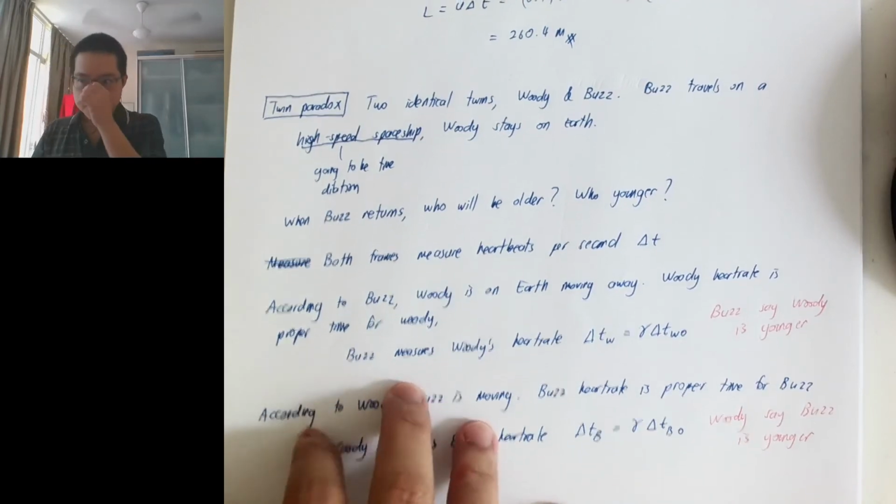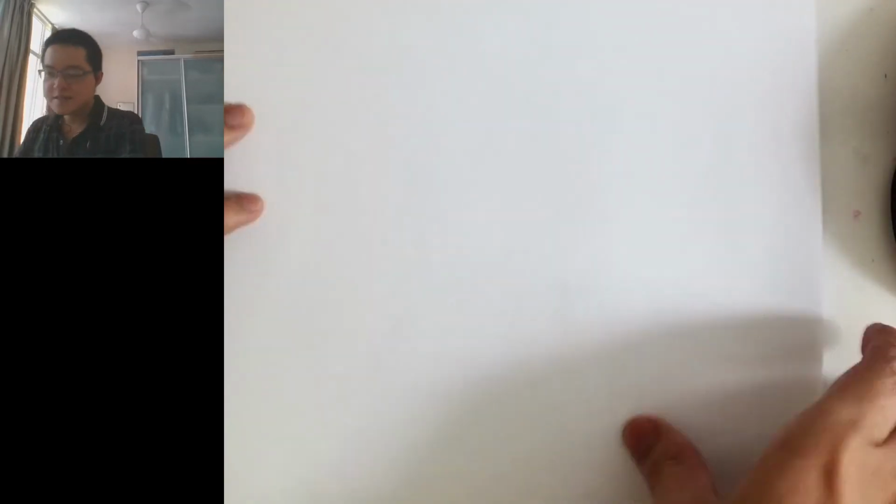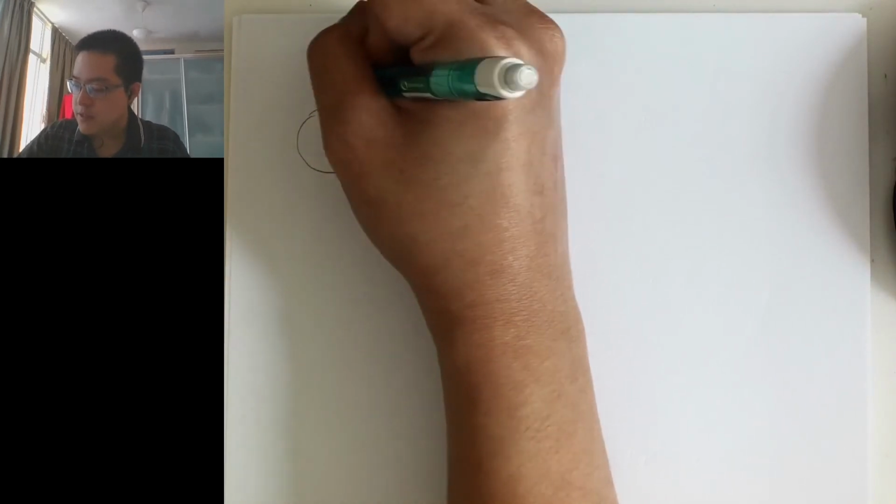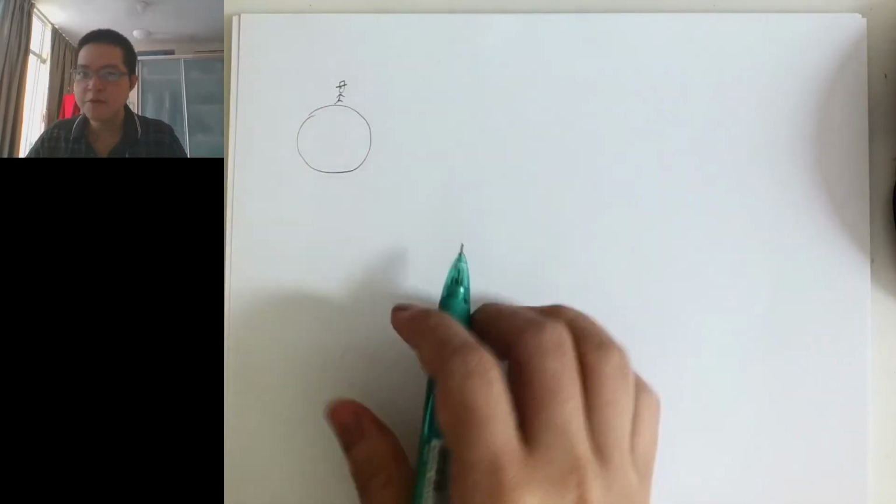Okay, so now I shall start drawing the picture. What is happening here is that Woody is on Earth. Toy Story Woody, he wears a hat.